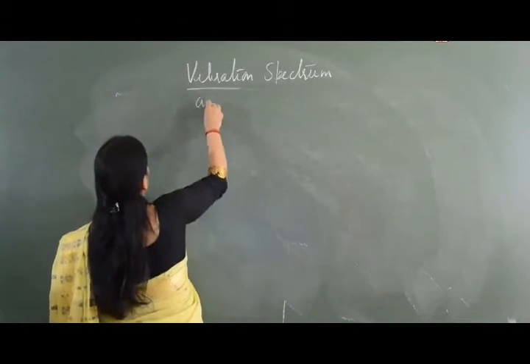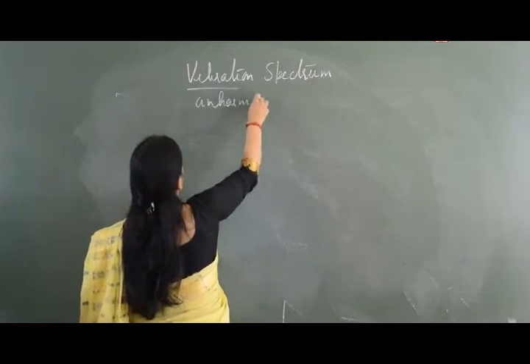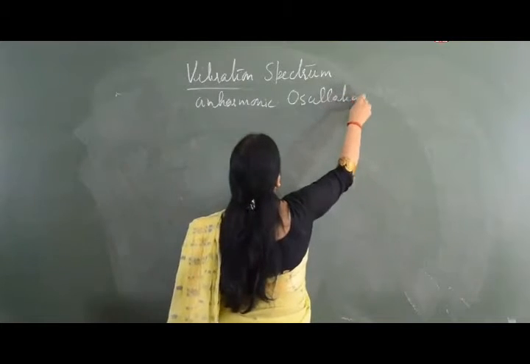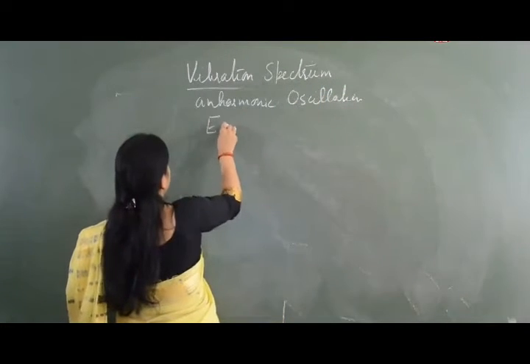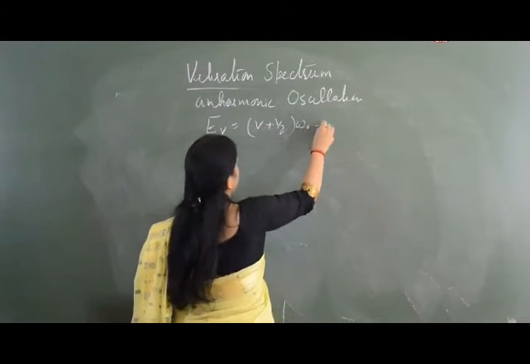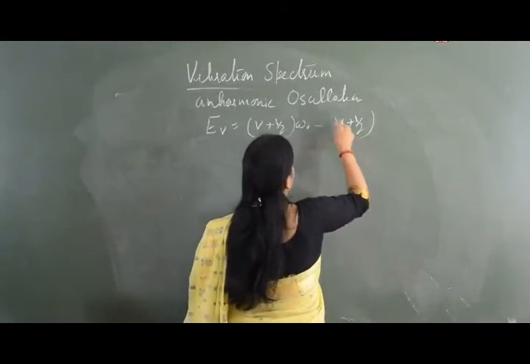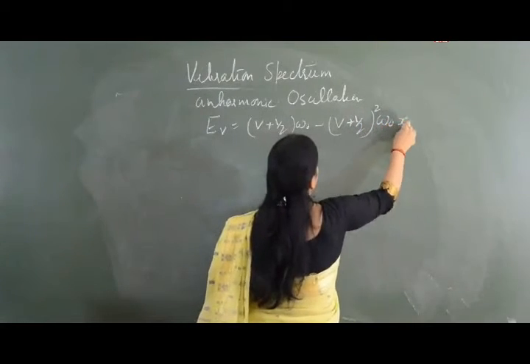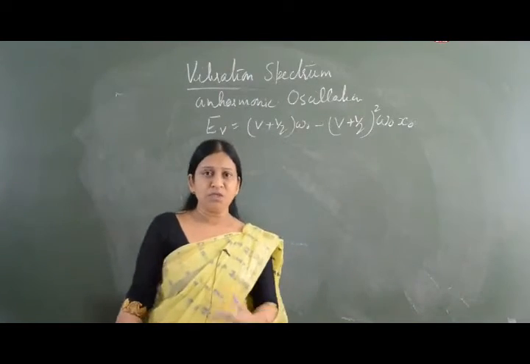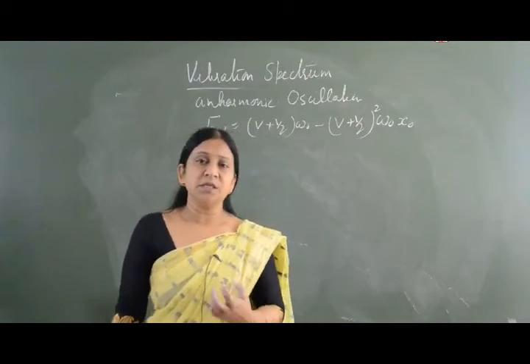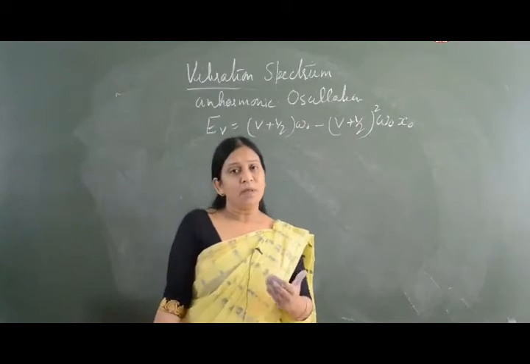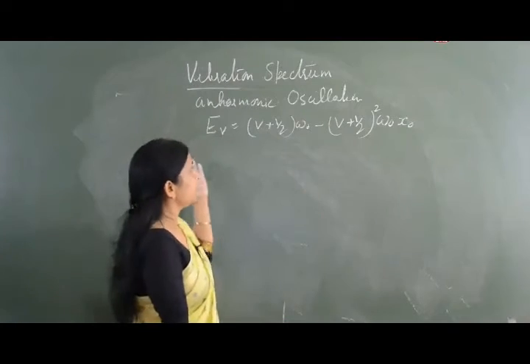So, for unharmonic oscillations, the energy is given by (V plus half) omega naught minus (V plus half) whole square omega naught x naught. Here x naught is the unharmonicity constant. So, when we consider unharmonicity in the vibration of a diatomic molecule, the equation of energy is this one.